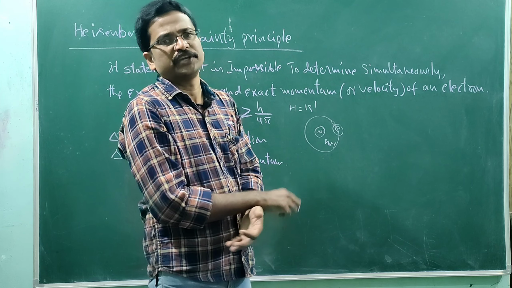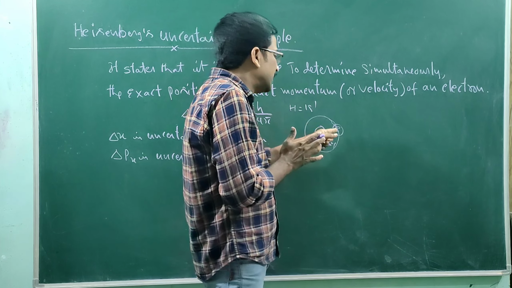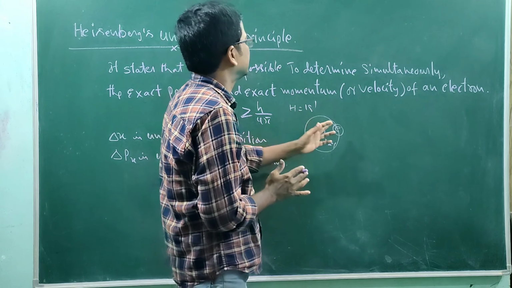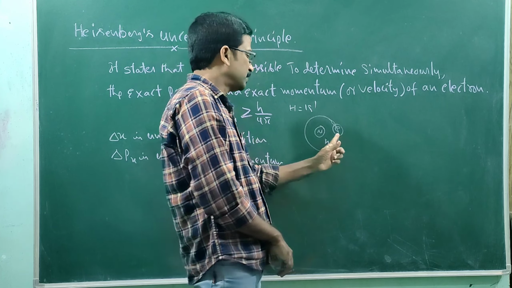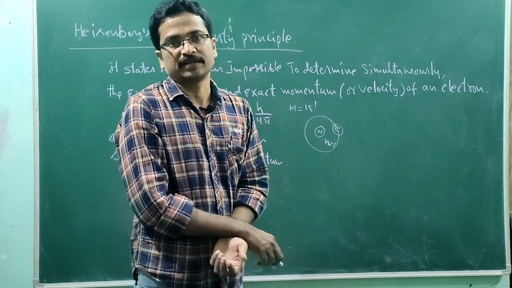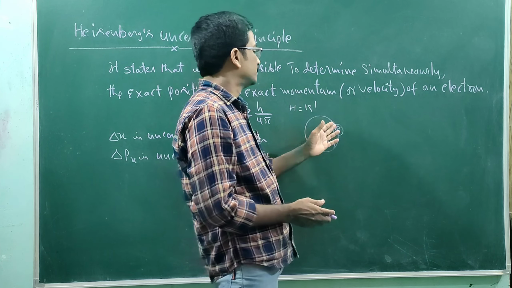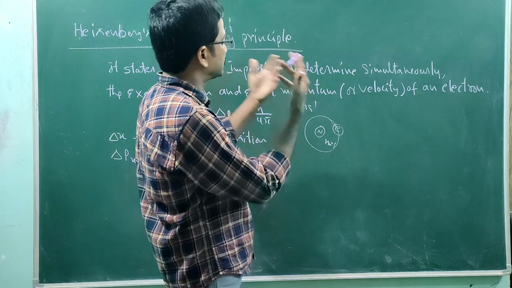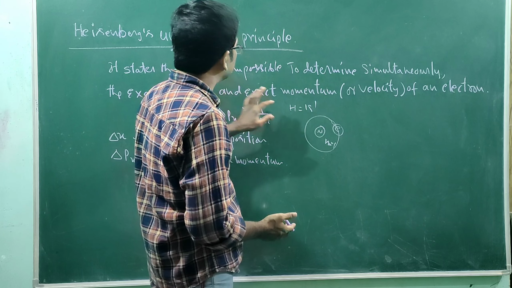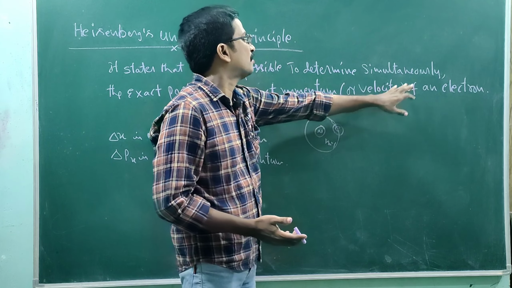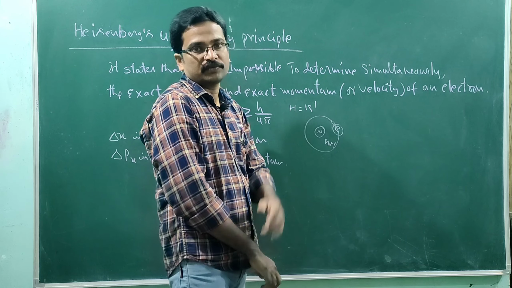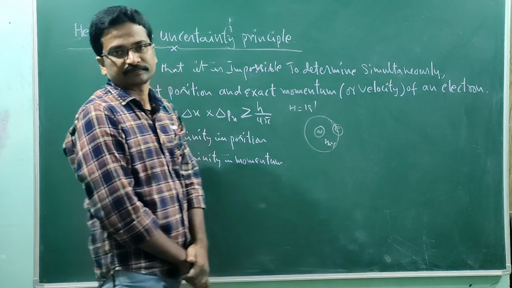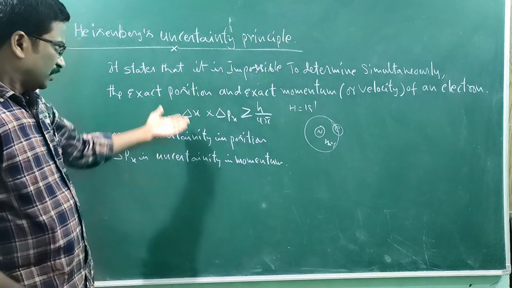You should use high energy light, then you can see it, but the velocity changes drastically, so you cannot determine the velocity of an electron. That is the reason why you cannot determine simultaneously the exact position and exact momentum of an electron. That is the reason why he proposed this.